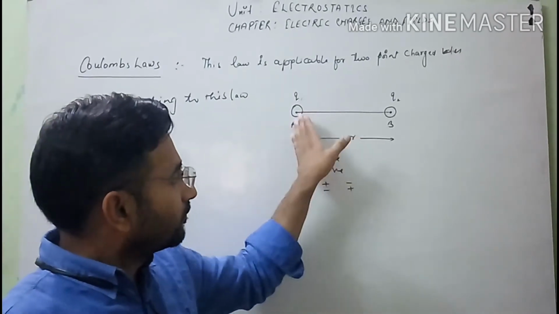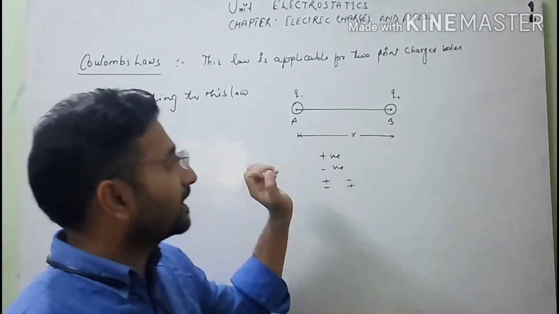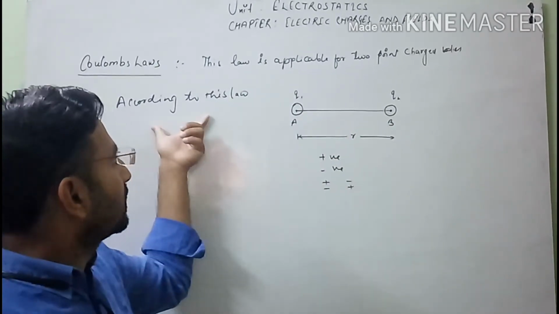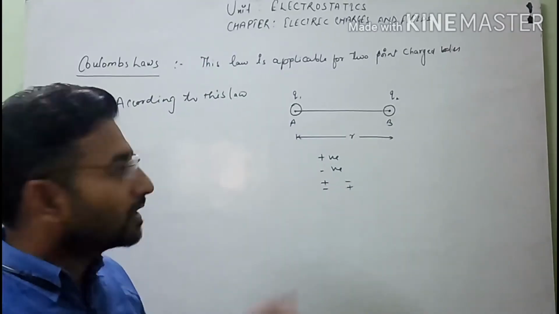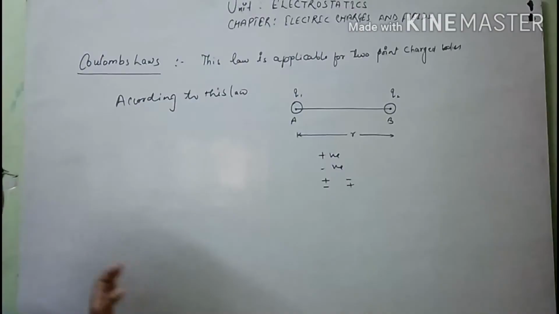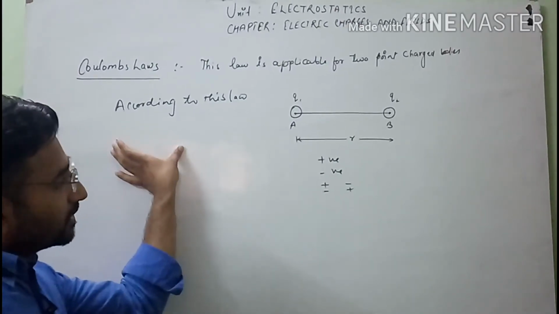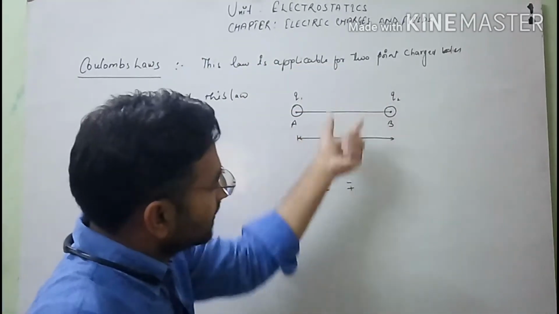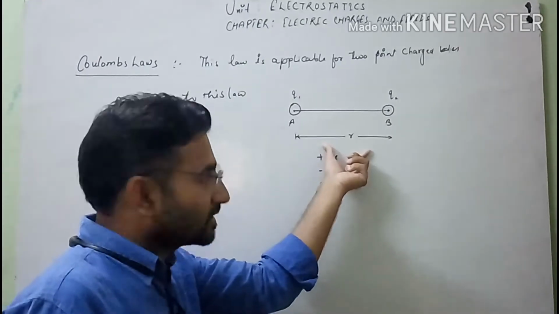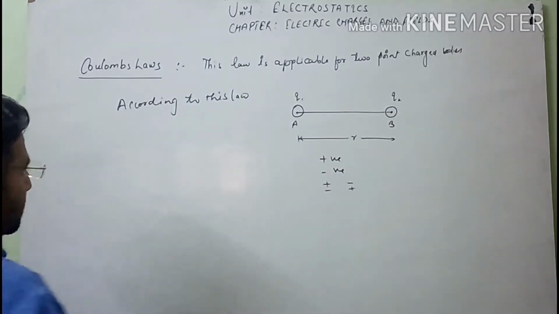The force which acts between them is called Coulomb's force or electrostatic force. So Coulomb gave a relationship of the electrostatic force with the charges and with their distance of separation, as I am going to write here.